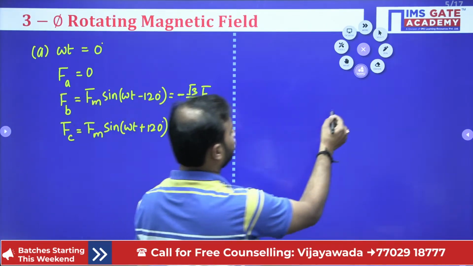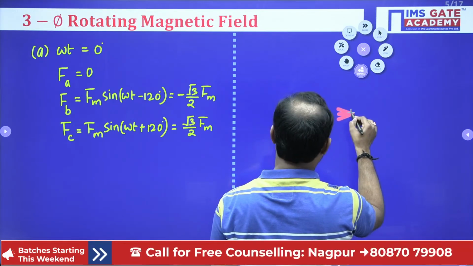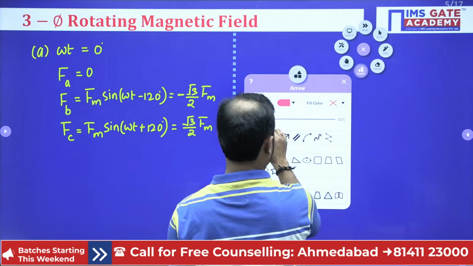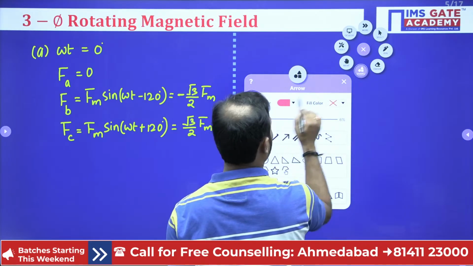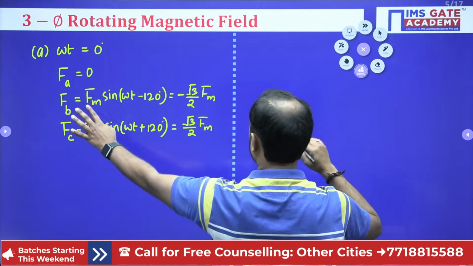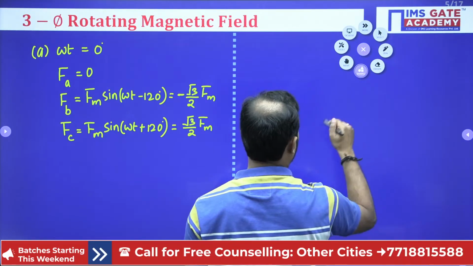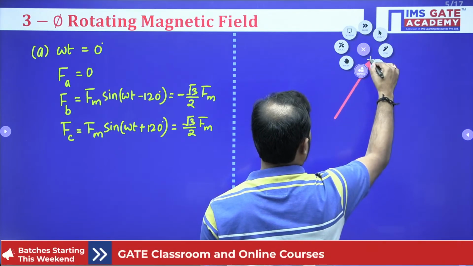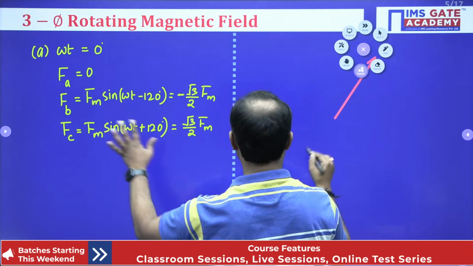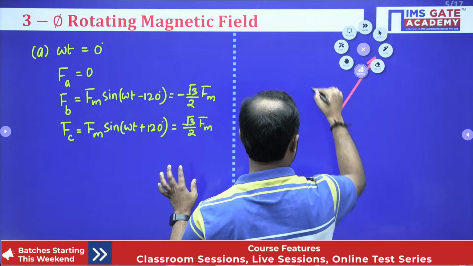Okay, so FA is 0, FB is opposite, so FB will be in this direction. And your FC is positive, so it is in this direction.